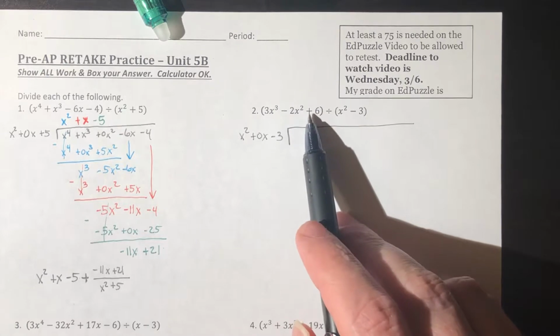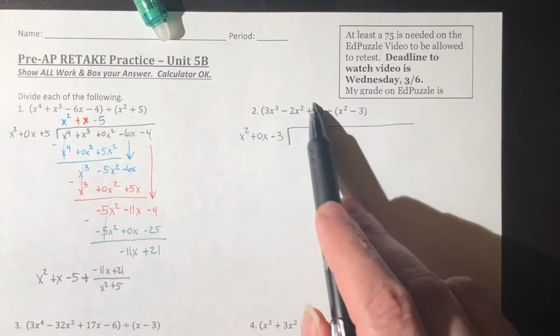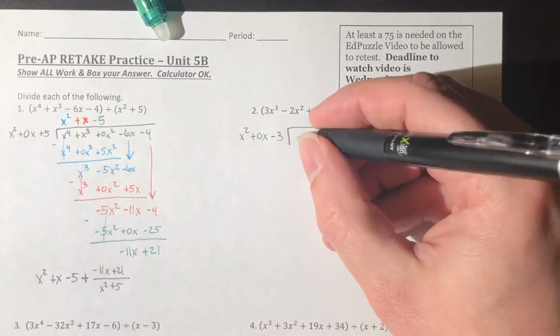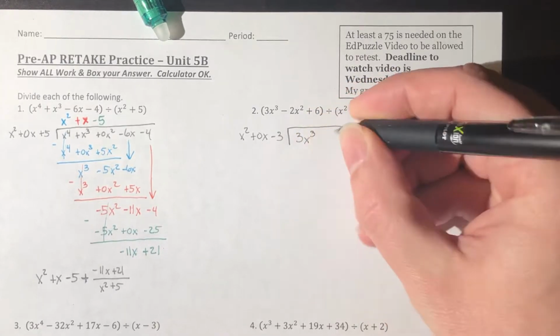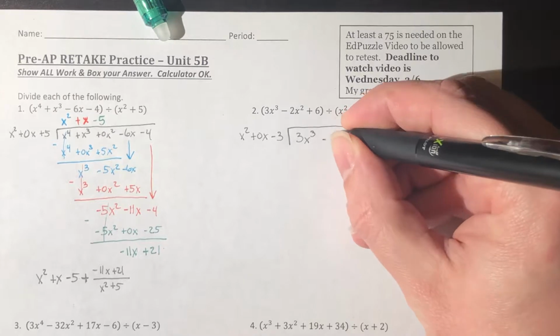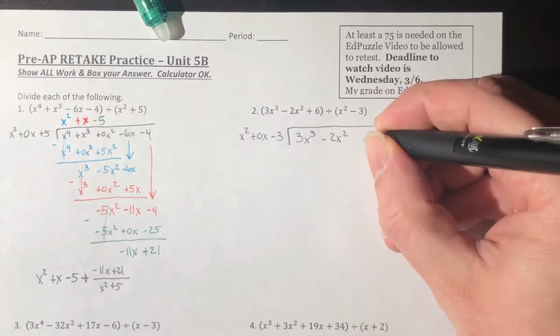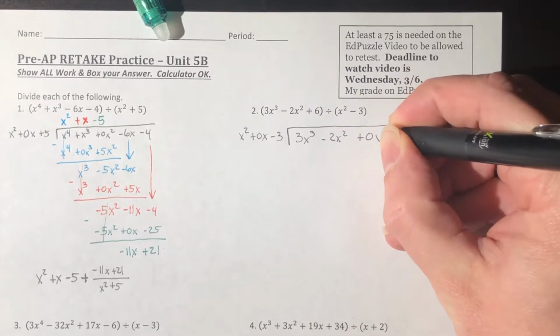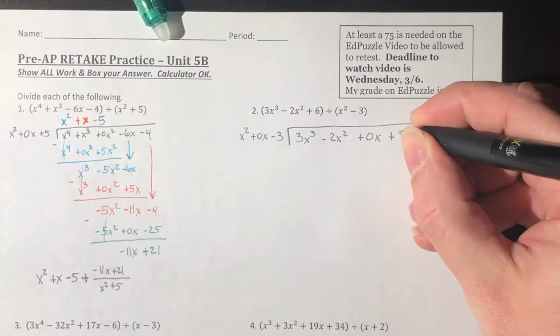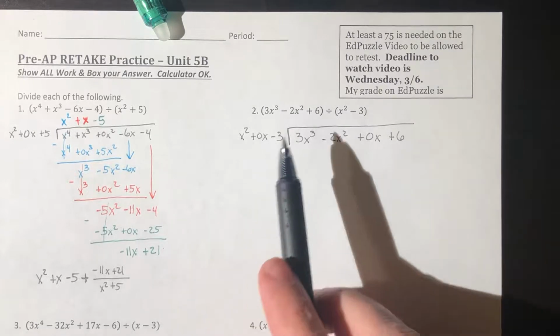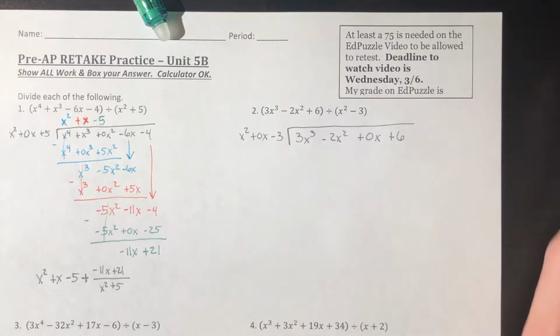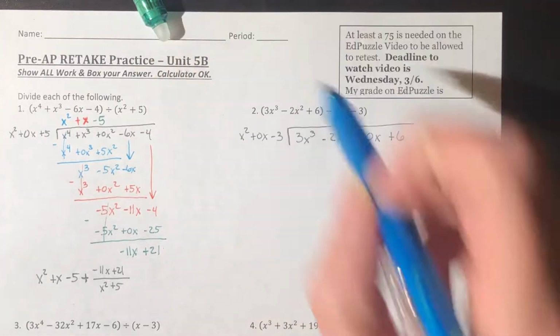And here, I skipped over my x term. So I'm going to have a 0x for that missing term. So I've got 3x cubed minus 2x squared plus 0x plus 6. You want to make sure you have every term accounted for. That's why I had to have that 0 in there.